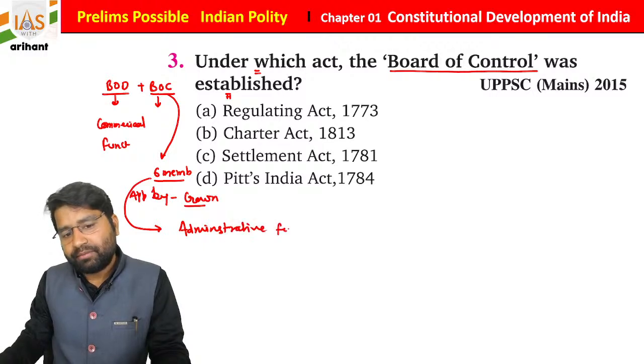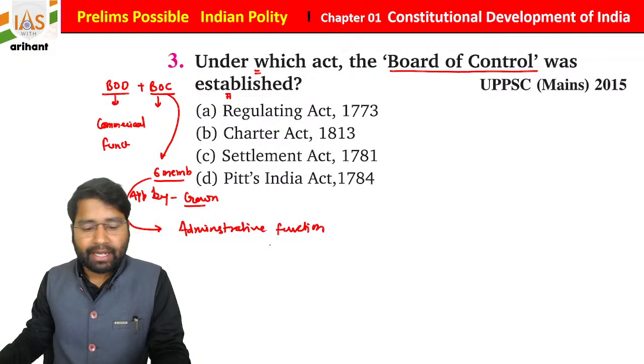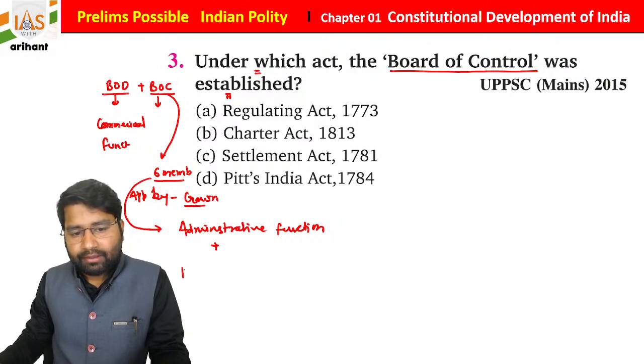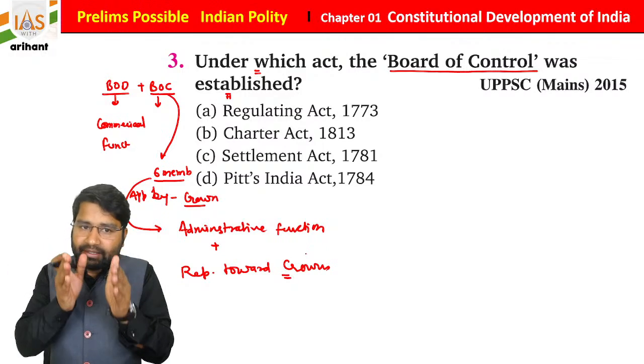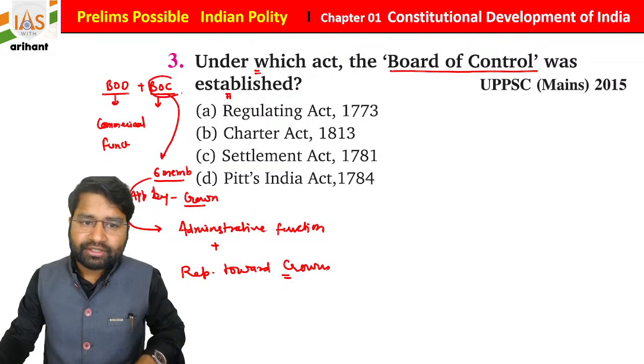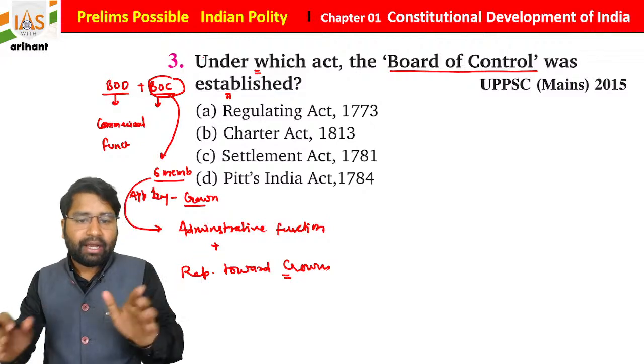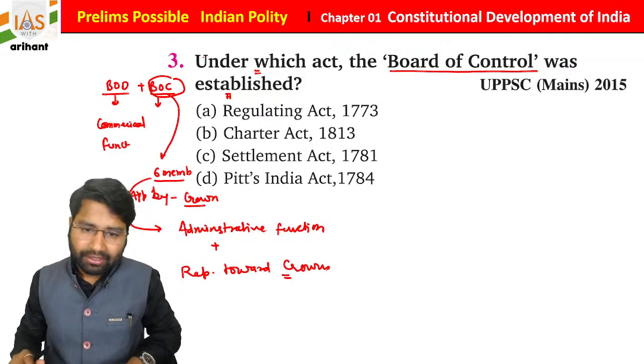So they are doing administrative function in India, and they are responsible towards the Crown. So this is very important. This Board of Control was established by the Crown, and they are responsible towards the Crown.